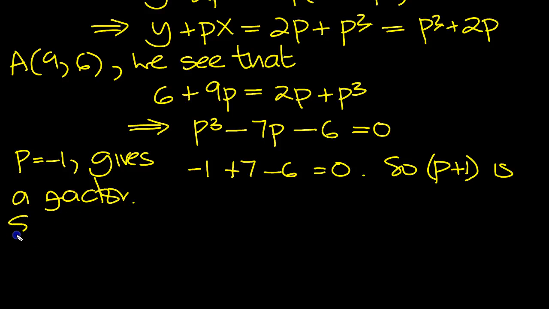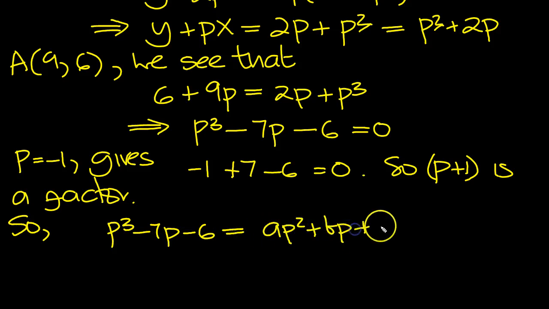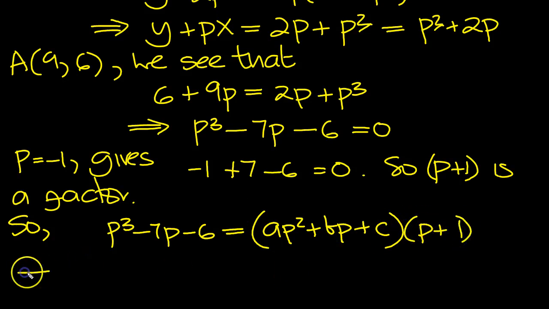So we've got p cubed minus 7p minus 6 is equal to ap squared plus bp plus c, times p plus 1. So what does that tell us? Well, if we equate p cubed terms, we see that 1 on this side is equal to an a on this side.